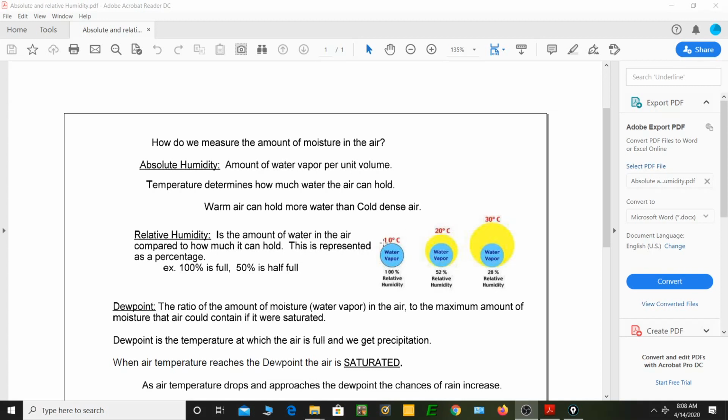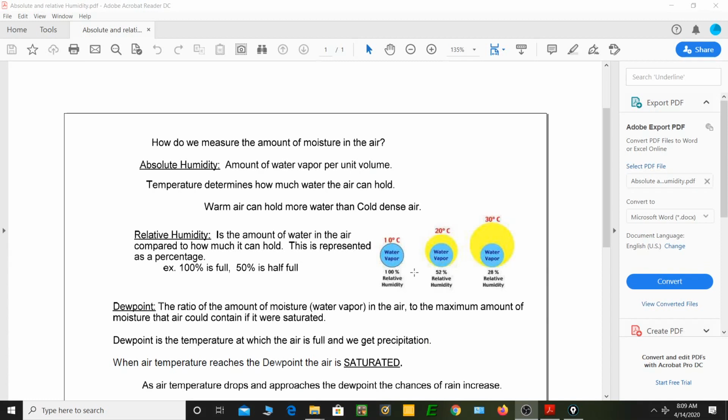Now, if temperature is increasing in this direction, the air is going to appear to be drier because it's got plenty of excess capacity. As temperature decreases, the air is going to become more full, and eventually when it reaches the point of 100% relative humidity, 100% full, the excess water is going to come out as precipitation.